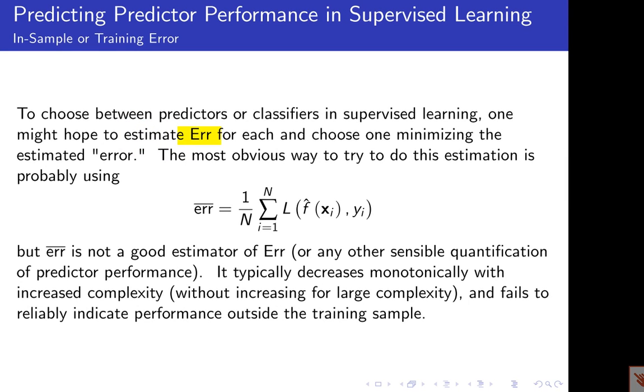The most obvious way to try to do that is to take observed training Y's and, for a predictor f hat built on the training set, plug in corresponding X's, compute losses, and then average across the training set to get not a capital ERR but what I'll call a lowercase ERR bar.